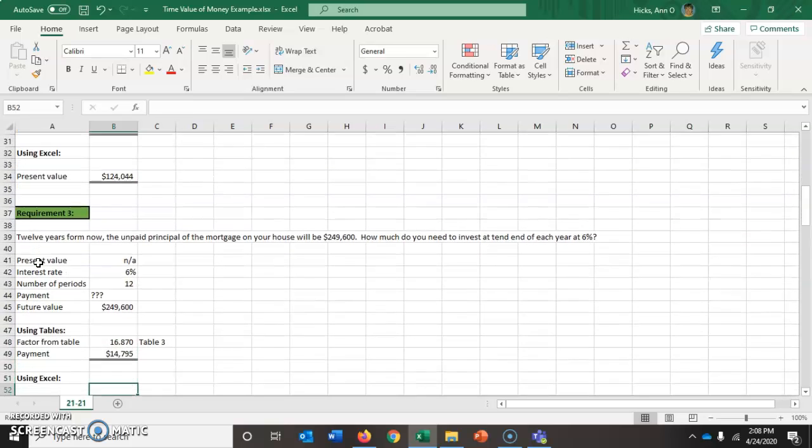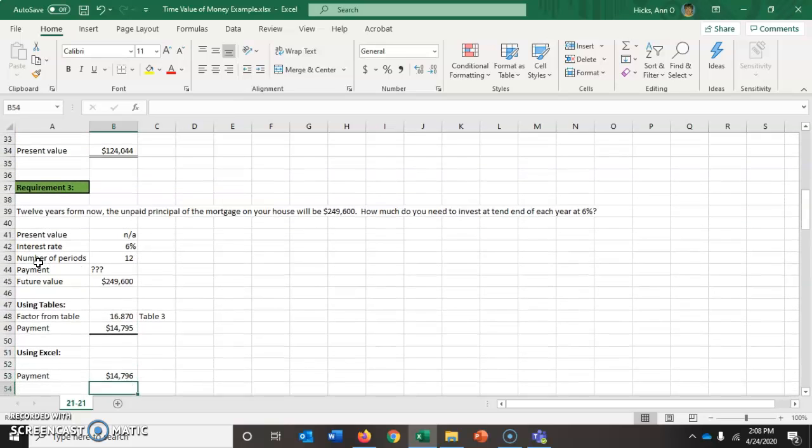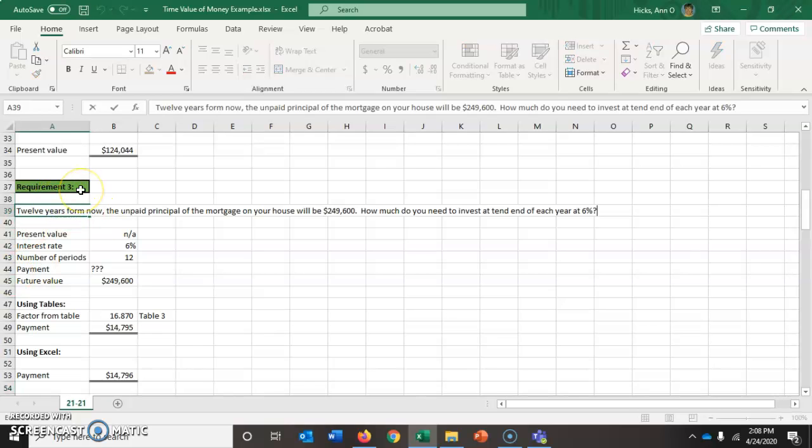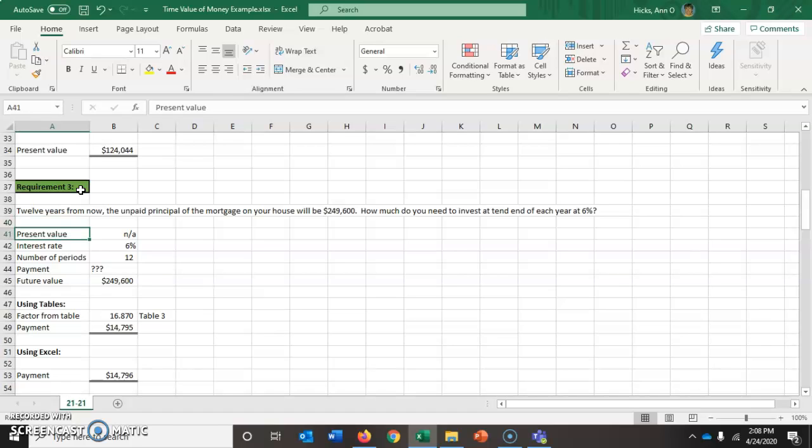Okay, now we're going to deal with that payment I've been alluding to. Let's say it's a similar scenario to the previous one. 12 years from now, our mortgage is going to have a balance of $249,600, but we don't want to invest today.